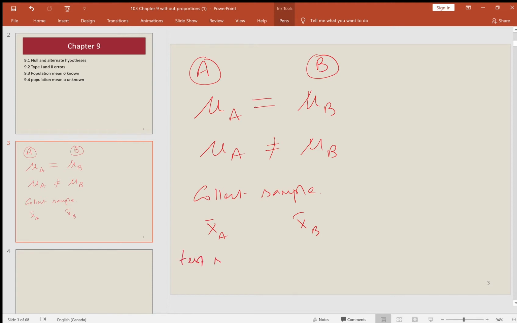So test statistic would be either the z-score or the t, depending on whether sigma is known or sigma is unknown. Okay, and then we'll compare them to those values in the probability table, and then we'll decide whether the two are same or they are different, right?